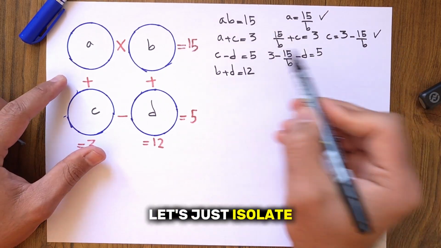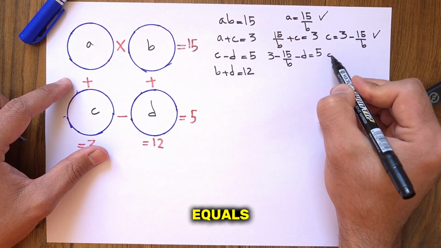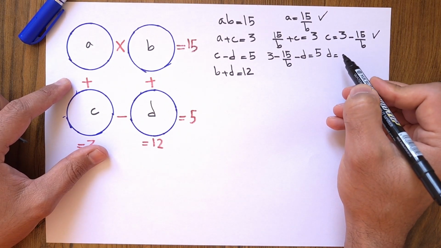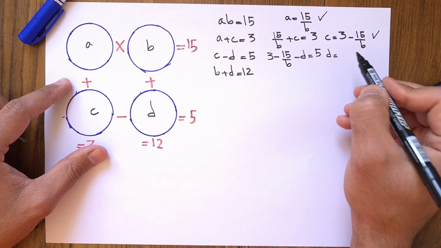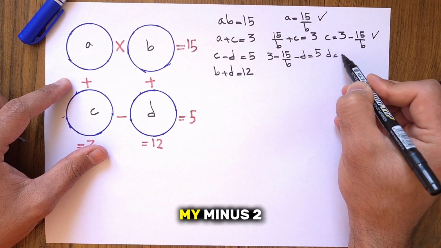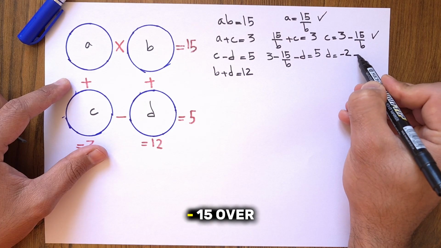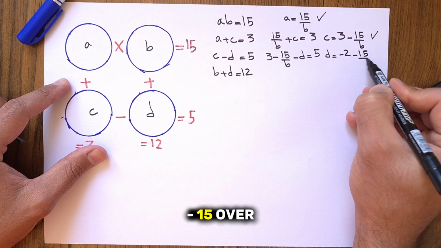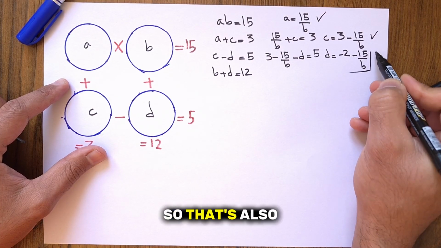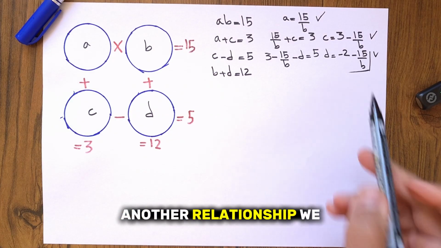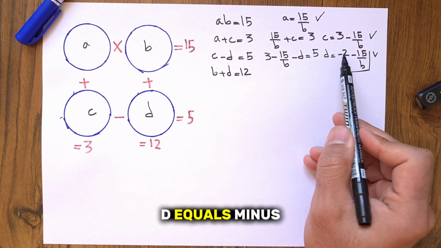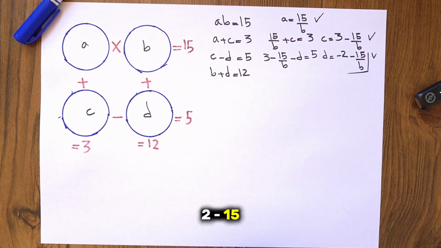Let's isolate D. So D equals 5 minus, 3 minus 15 over B, right? So D equals minus 2 plus 15 over B. That's another relationship.